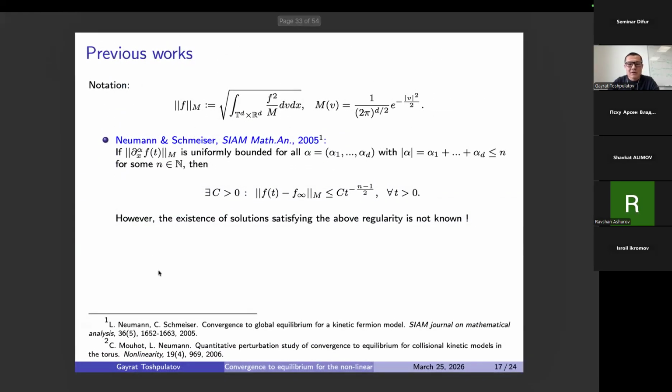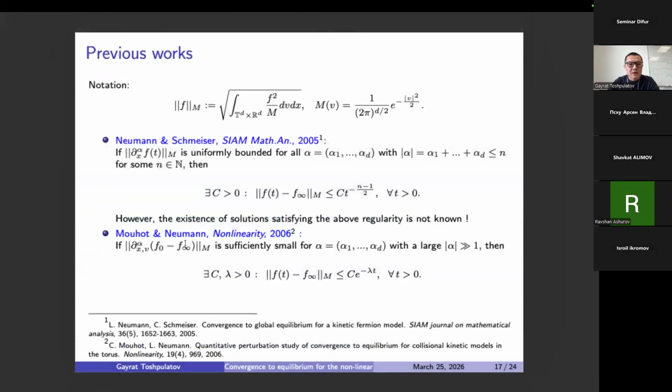Another result is by Klimovich and Lucas Neumann again. They made a different assumption. They say, let the difference between the initial data and this F infinity, considering the derivatives, have a sufficiently small norm for sufficiently large multi-index.